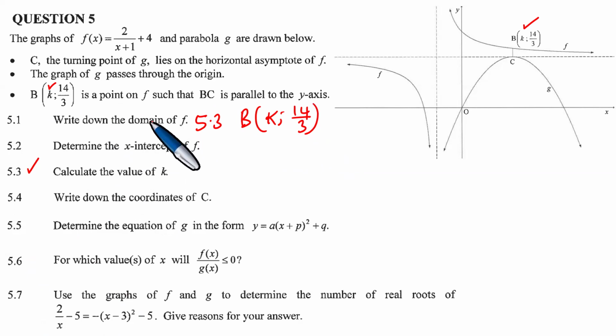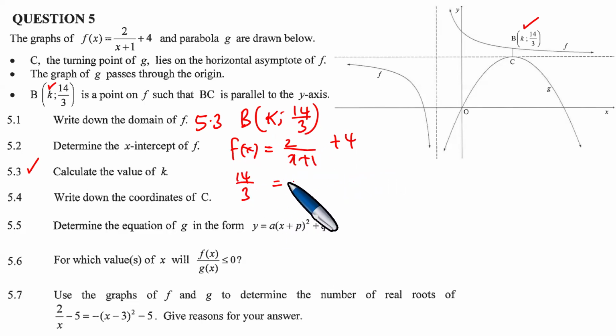It lies on the function f, and the function f has the equation f(x) = 2/(x+1) + 4. Giving us x and y, so that y is 14/3, which equals 2 over (k + 1) + 4, like so.